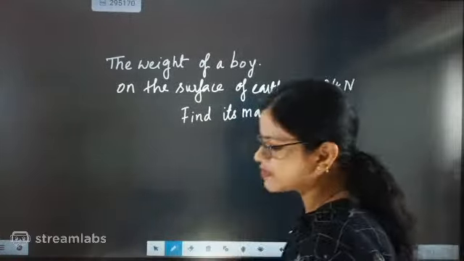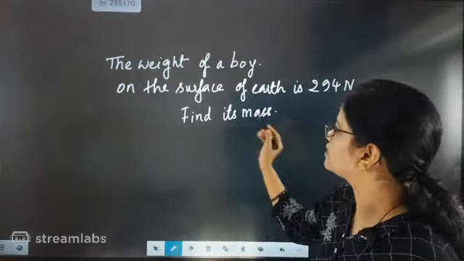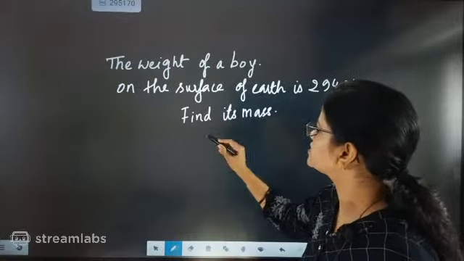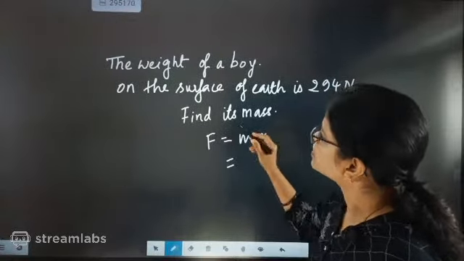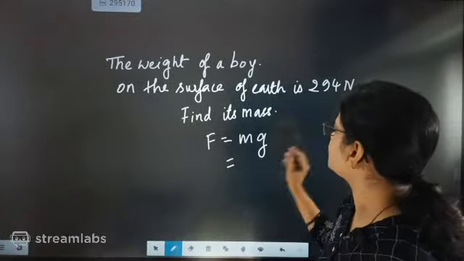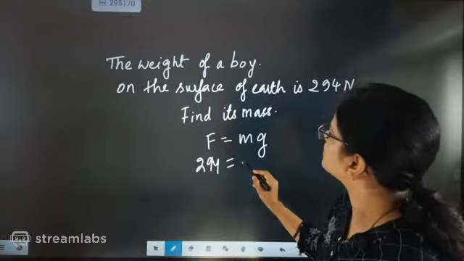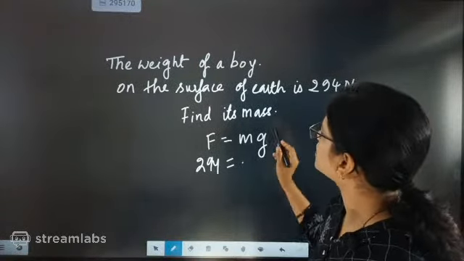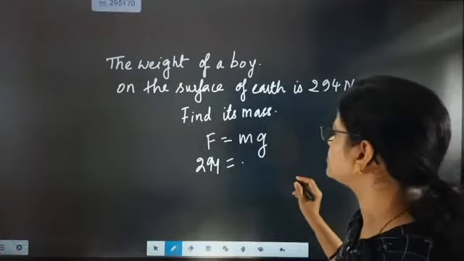In density chapter, this type of questions, you know that weight is coming as M into G. So 294 Newton is given. The weight of a boy on the surface of Earth is given as this much.